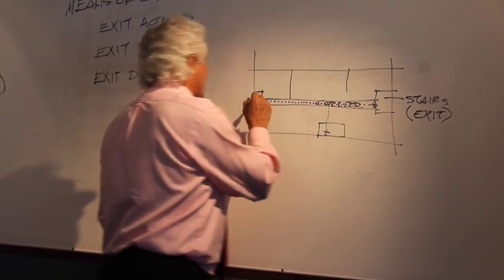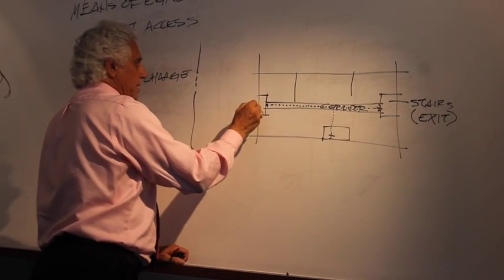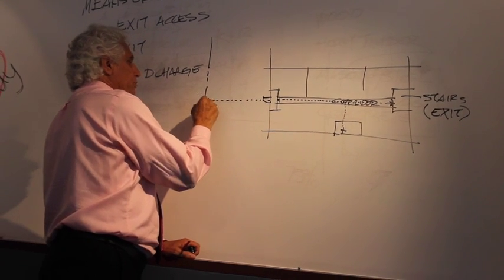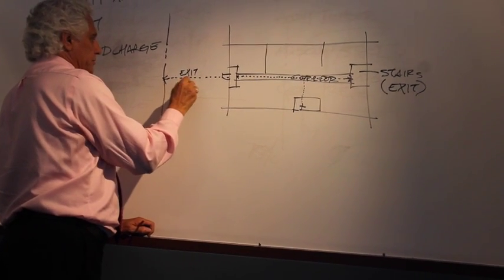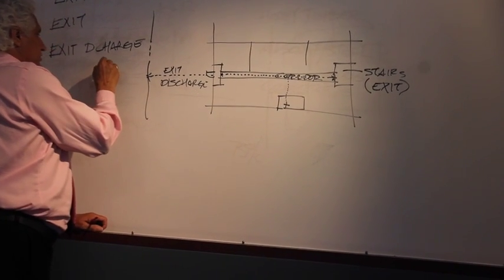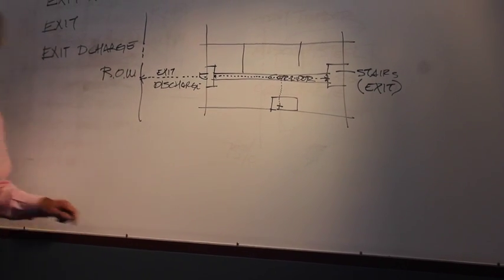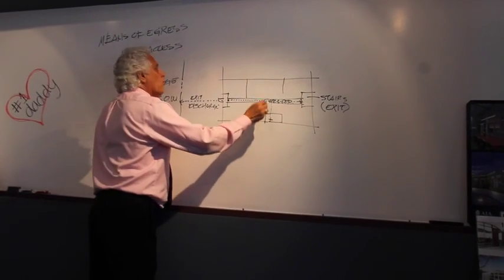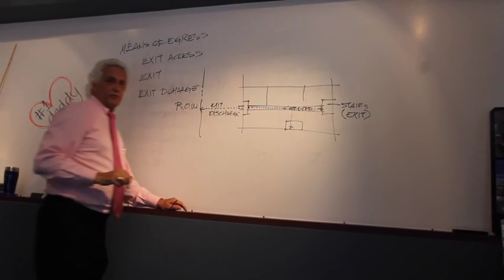And then once you get down your stairs, you come out the door to the property line. That's the exit discharge. And that's the public right of way, basically the sidewalk. You have to get the occupants of that building from any point in that building safely out to the public right of way.